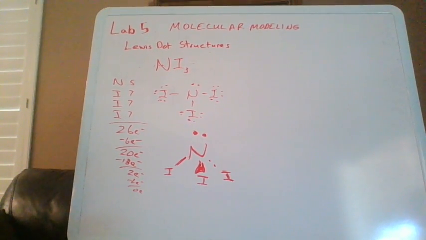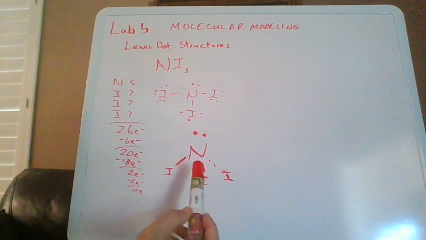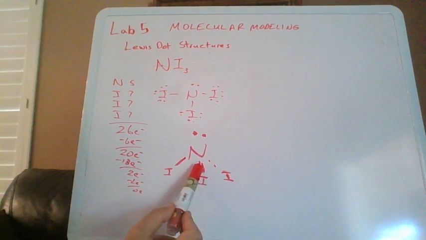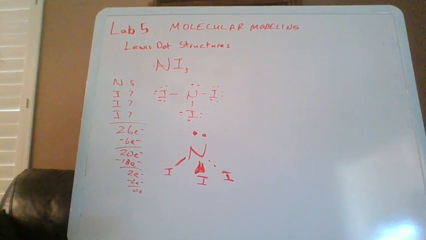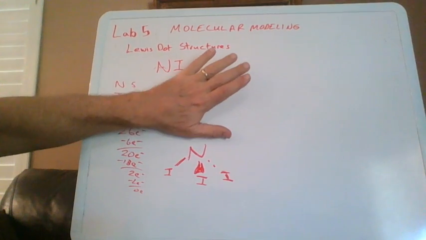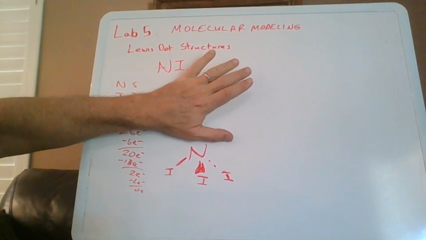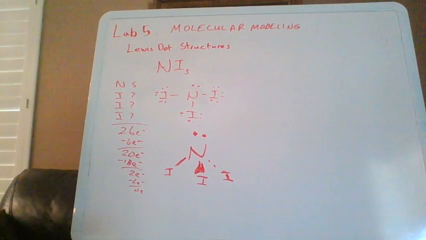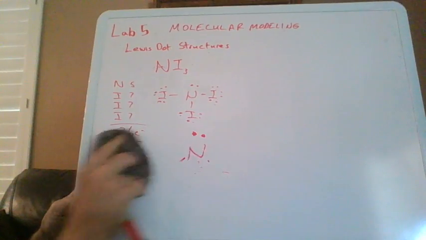So then we would use our VSEPR chart, and look at the structure of the electron pairs. So these 4 pairs would all be in a tetrahedral shape. So the shape of the electron pairs would be tetrahedral, and if we wanted to look at the shape of the molecule, we ignore these, and we see we have a trigonal pyramidal shape. So that's how you would do a Lewis structure here.